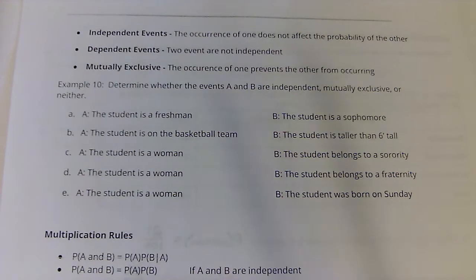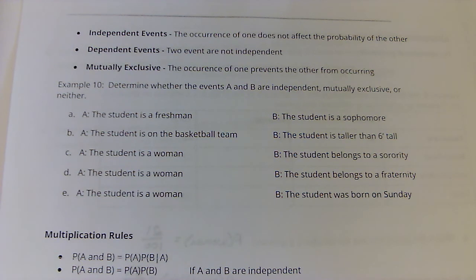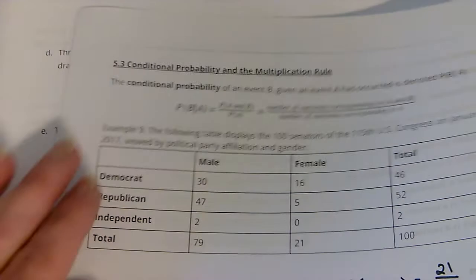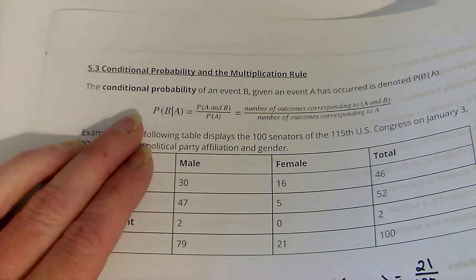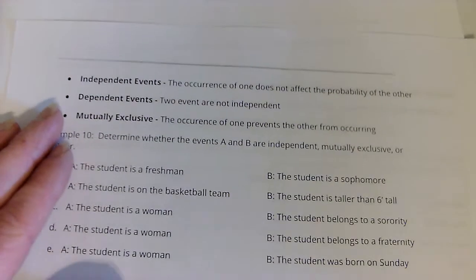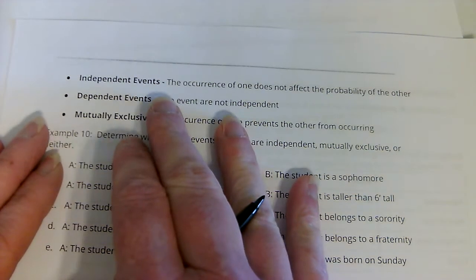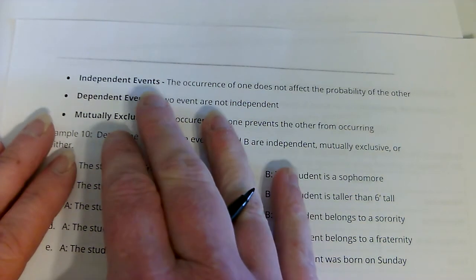Now, we talked about mutually exclusive. That means there's no way they can happen at the same time. But when we're talking about these types of events where it's conditional, that one thing happens, then the next one happens, they can either be independent or dependent.